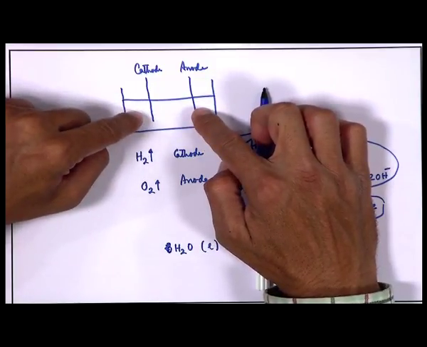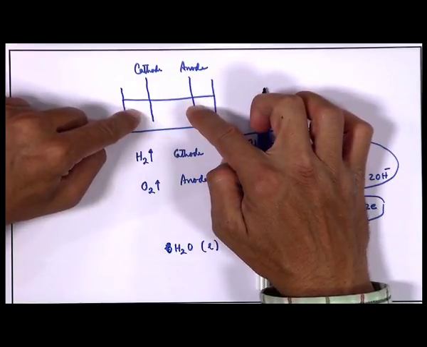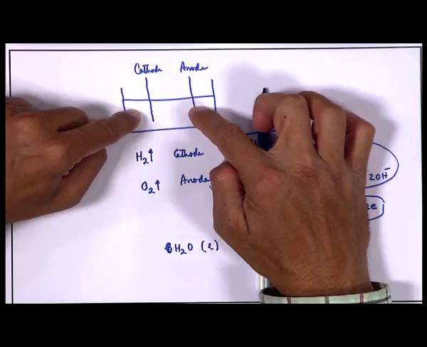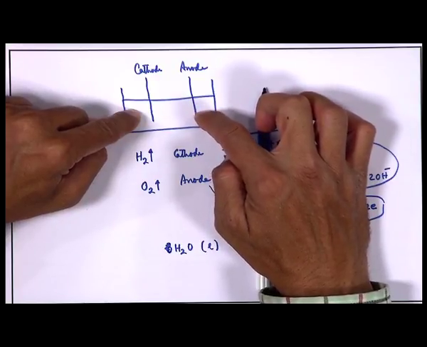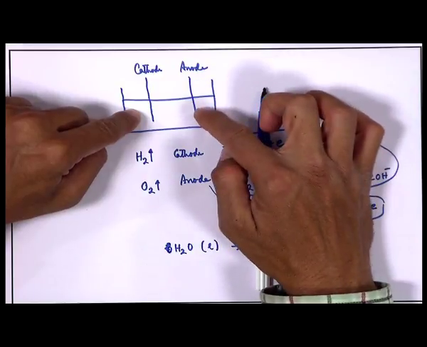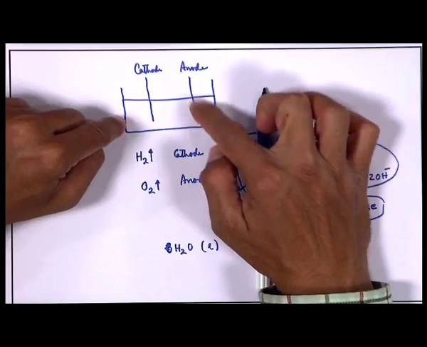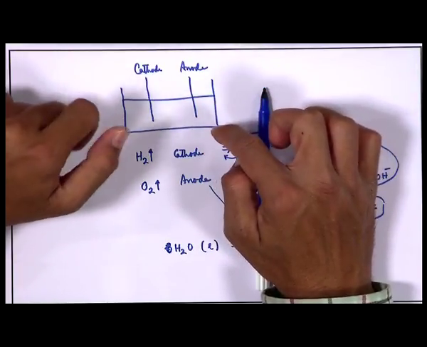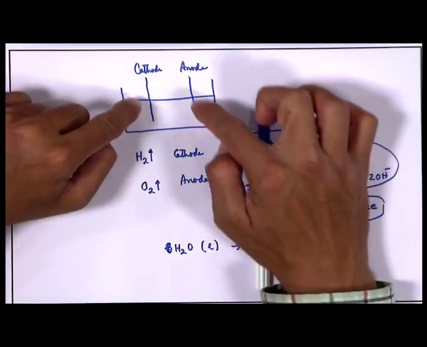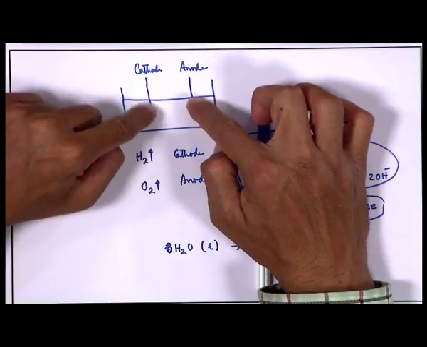In the other half cycle, this becomes anode and this becomes cathode. So, therefore, at cathode hydrogen will be produced, although in the earlier half cycle an equivalent amount of oxygen was produced. So, therefore, this electrode and this electrode will have hydrogen and oxygen liberated in the vicinity of these electrodes.